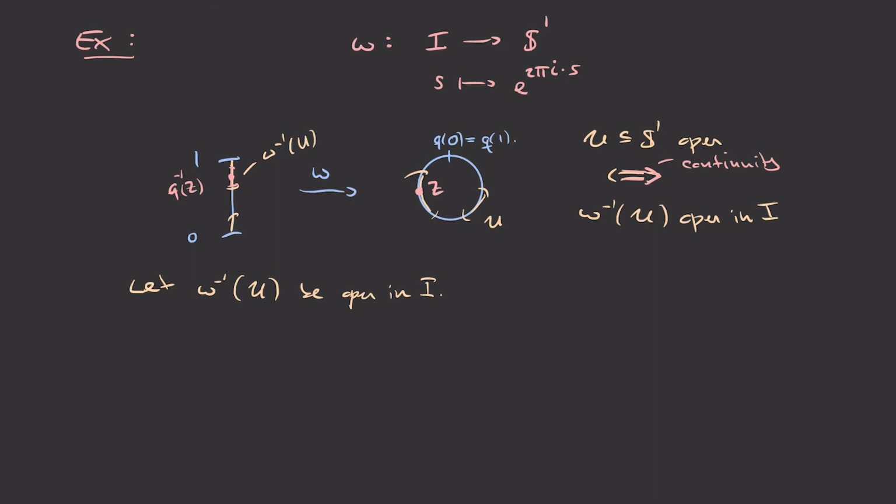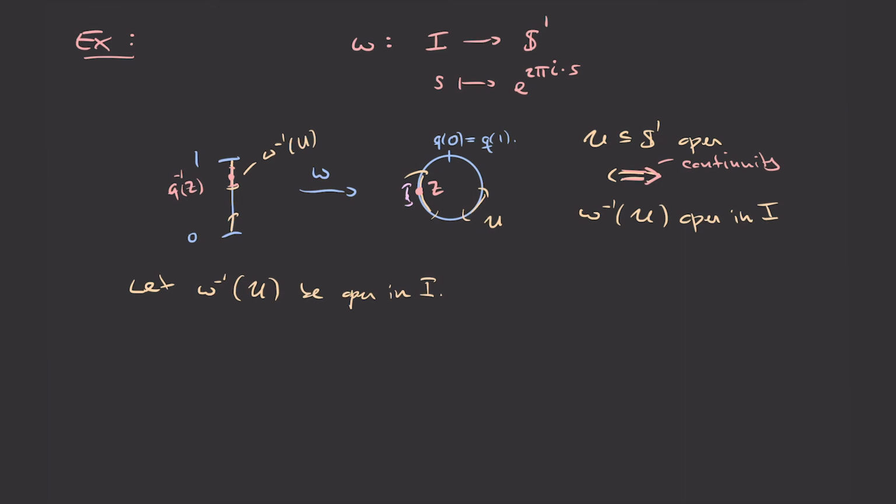Now if we map this small neighborhood we found around Q inverse of Z back to the unit circle via omega, we end up with a wedge, which I'll draw on the outside so as not to make this drawing more complicated.